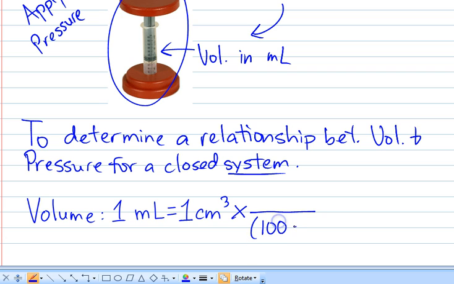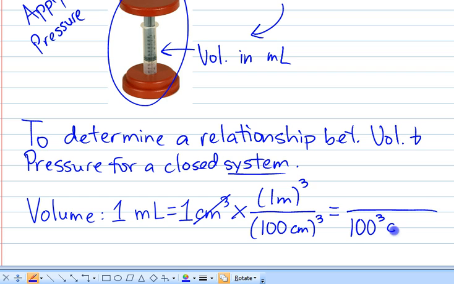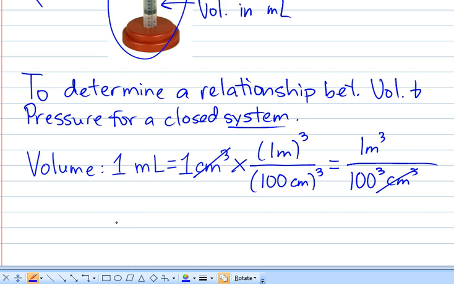We know that there are 100 centimeters in 1 meter, but in order to get centimeters cubed, we have to cube both the top and the bottom. Okay? So this ends up being, well, the centimeters cubed will cancel out, but not before the 100 gets cubed as well. Okay, so that centimeters cubed will get canceled out, and in the end what we get is that 1 milliliter is the same thing as 1 times 10 to the negative 6th cubic meters.